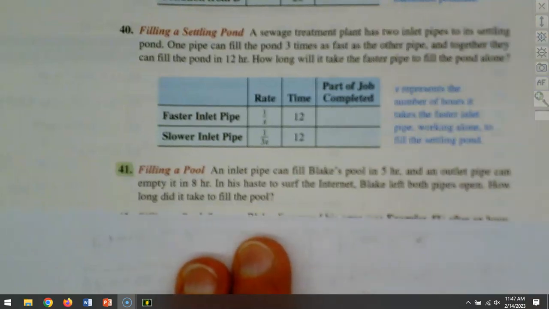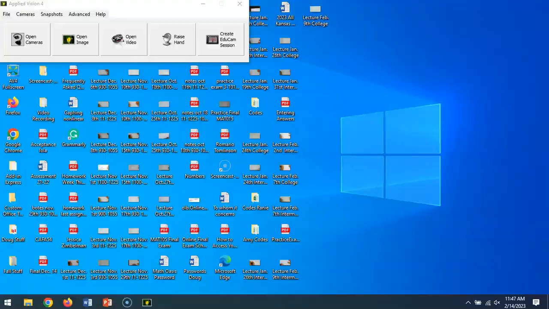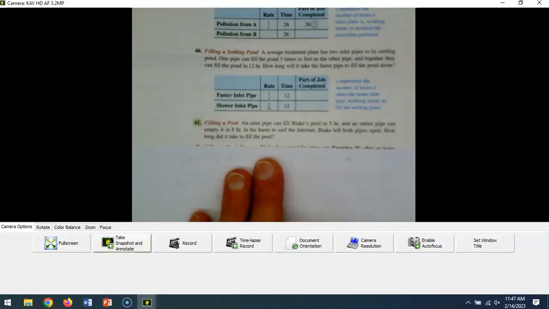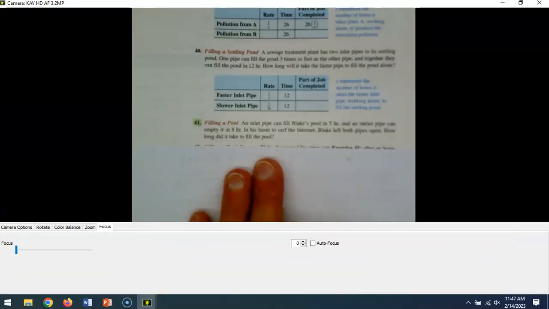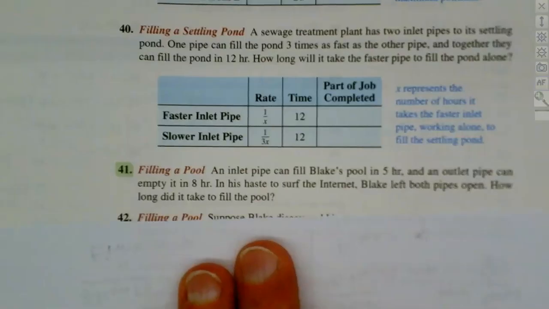So an inlet pipe can fill Blake's pool in 5 hours. Let me fix the focus here a little bit. So we're going to be looking at filling and draining the pool at the same time.